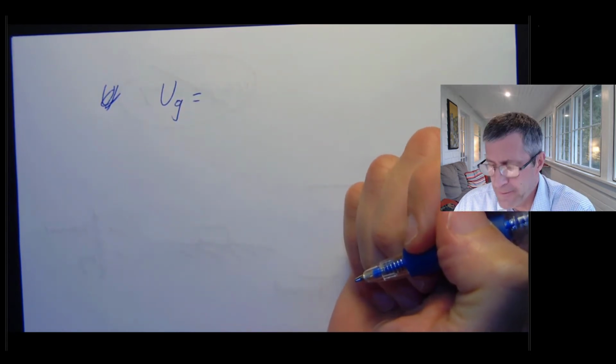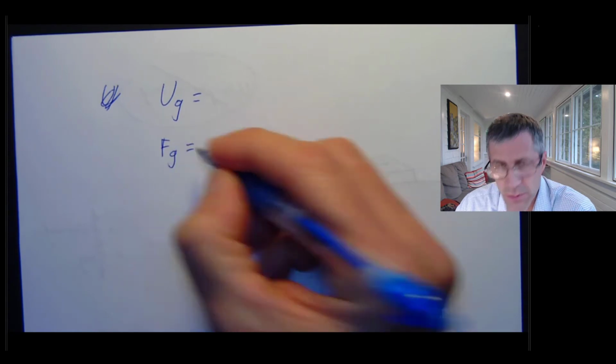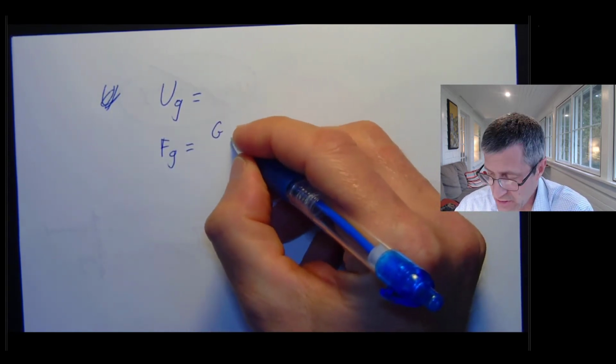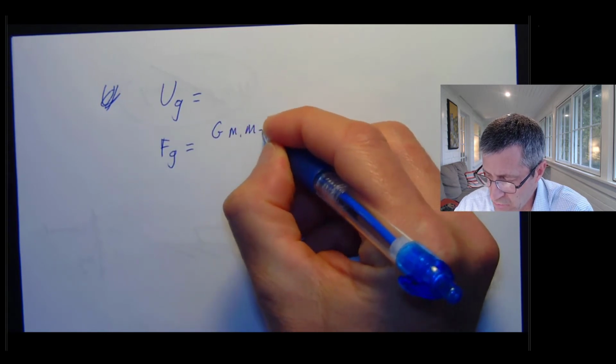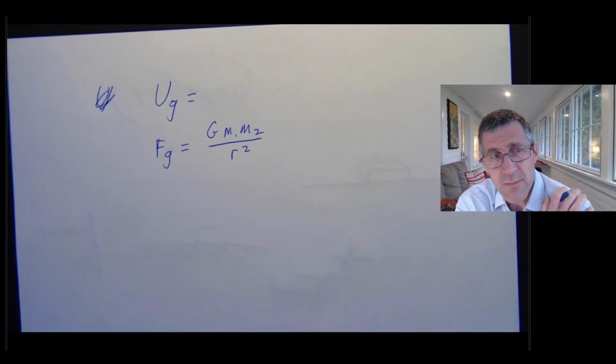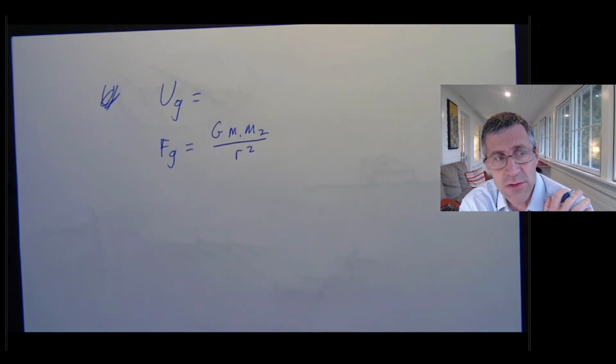Last time we talked about the force of gravity, and Newton's universal law of gravitation, which says if you take some constant G and multiply it by the product of any two masses divided by the square of the distance, you end up with this equation that shows the gravitational attraction between them.